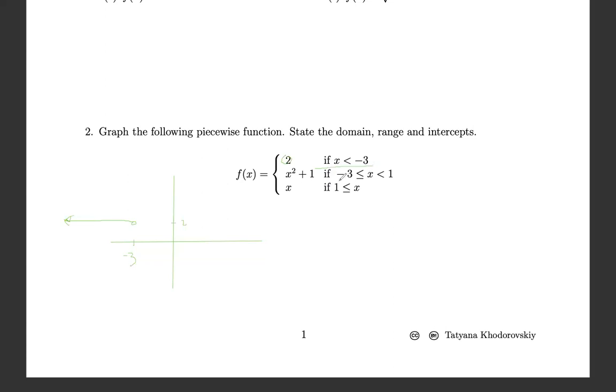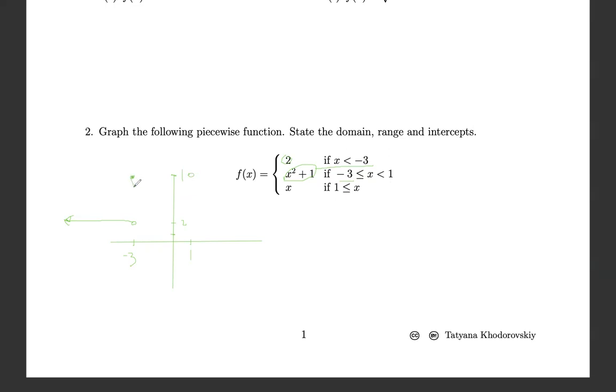The second piece goes from -3 up to 1. 1 maybe somewhere here. And is this a quadratic function? So x starts with -3. -3 squared is 9. 9 plus 1 is 10. Let's say 10 is somewhere here. So I have this point.